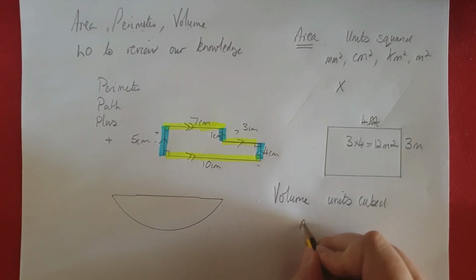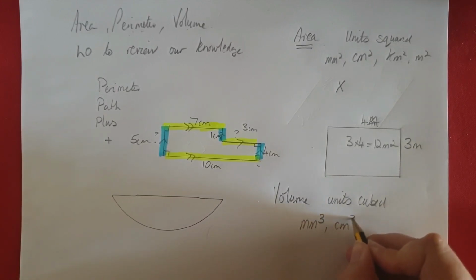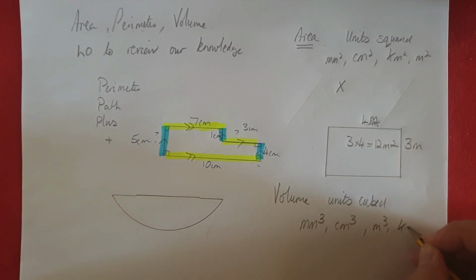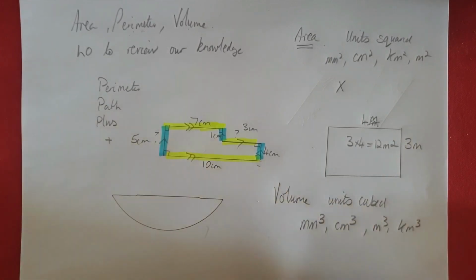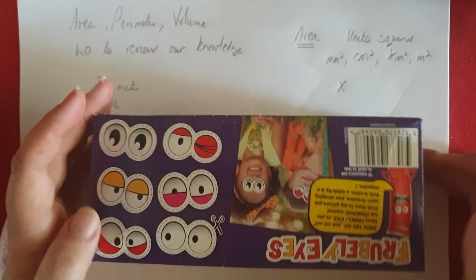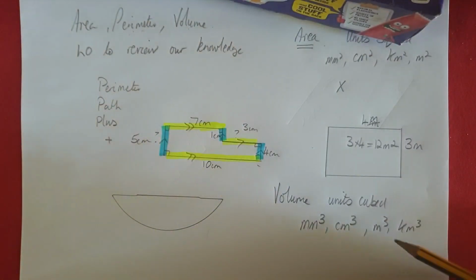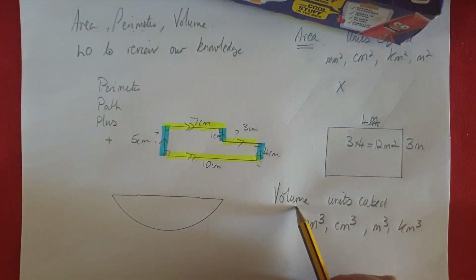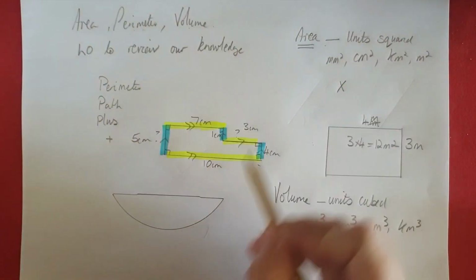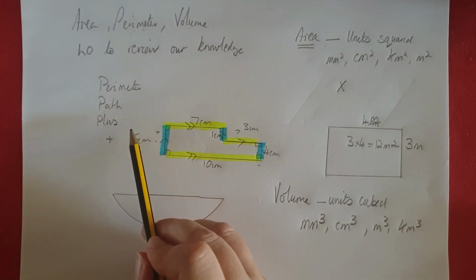So we could have millimetres cubed, centimetres cubed, metres cubed, kilometres cubed, etc. Because the 3D shape has 3 dimensions, it's because of that we get the cubing. So volume is always units cubed, area is always units squared, and perimeter is always just the standard units.